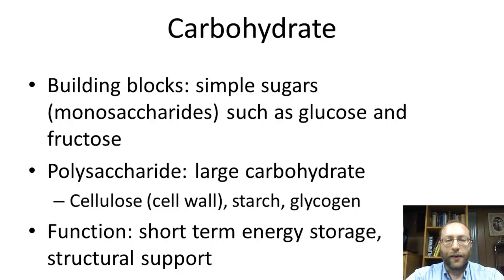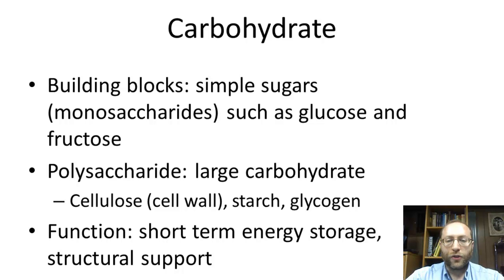A polysaccharide is a large carbohydrate, and there the molecule can be very, very large. And examples of that would be cellulose, which you have to know. The ones I have down here, the three are listed. You have to know those. Those could very easily appear on the Regents exam. Cellulose, which is found in the cell wall, and that's the structural support that you see under the function.